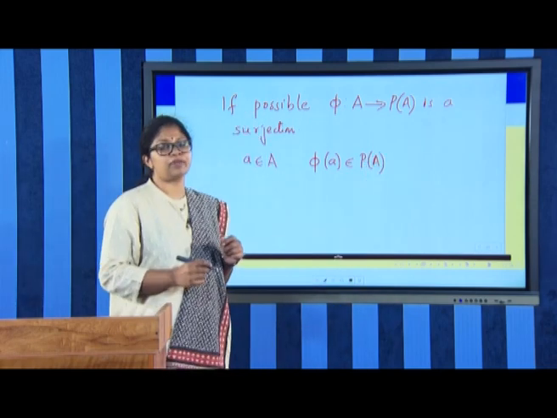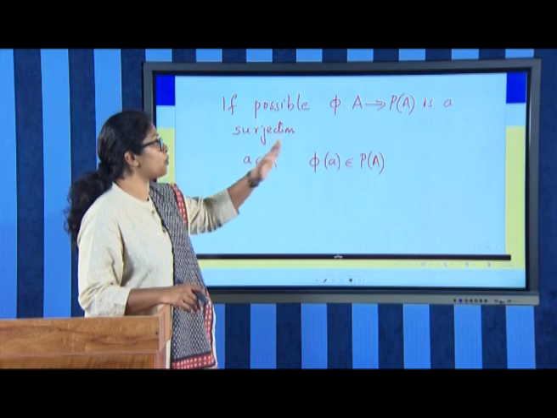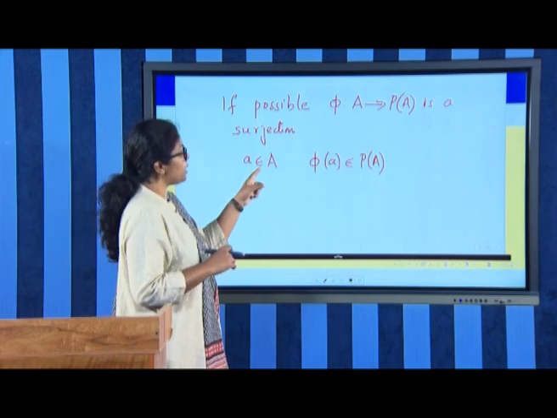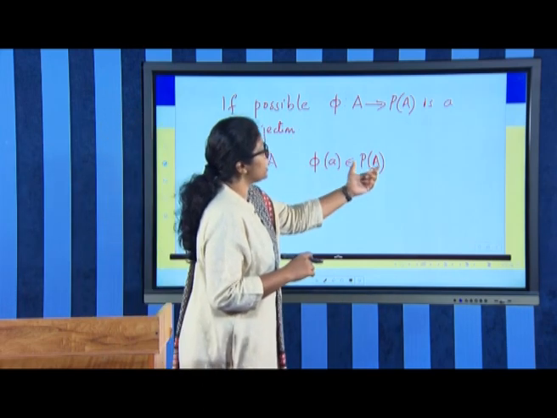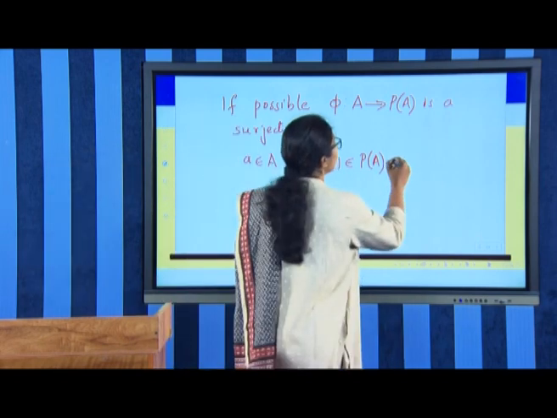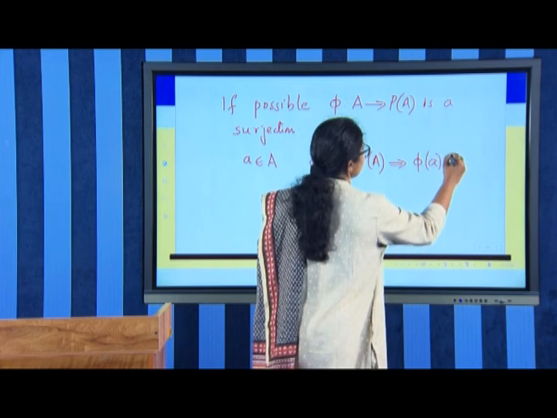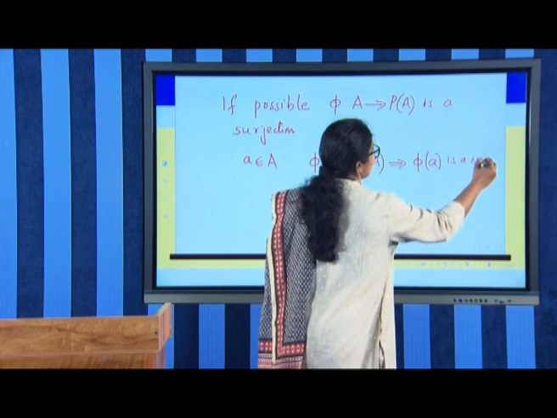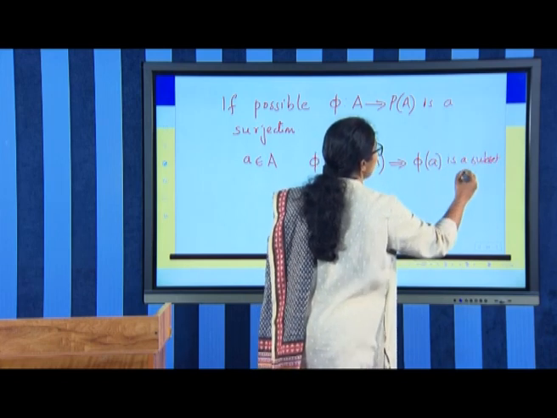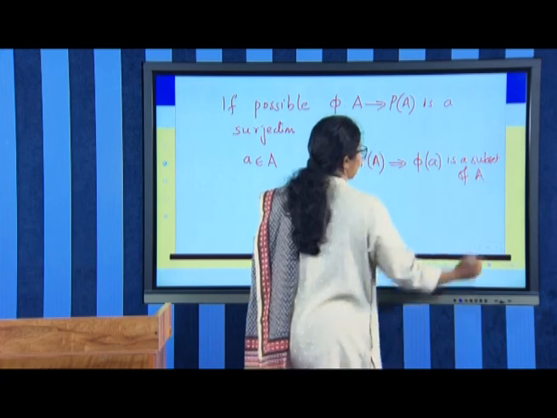Because phi we have defined to be a surjection from A onto P of A, and so for a belonging to A, phi of a is an element of P of A, which implies that phi of a is a subset of the set A.